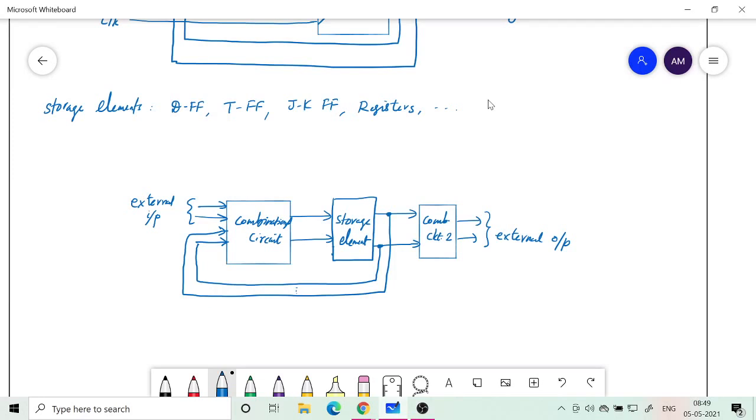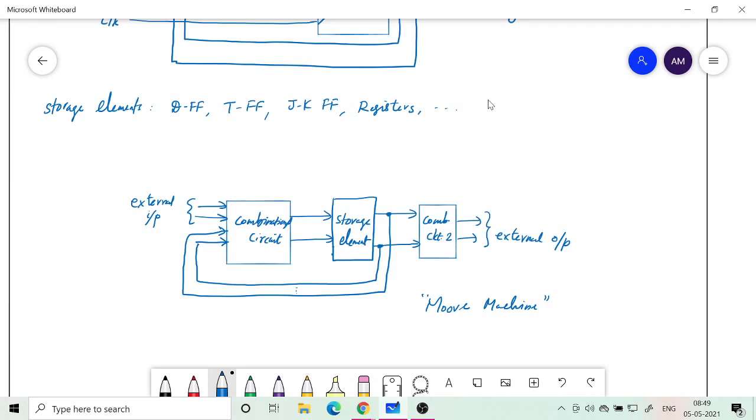Again, this is also a combinational circuit, but this is what is called the Moore machine. Now, what is the major difference? The major difference is that the external output depends only on the output of the storage element. Okay, it doesn't depend upon the present input.